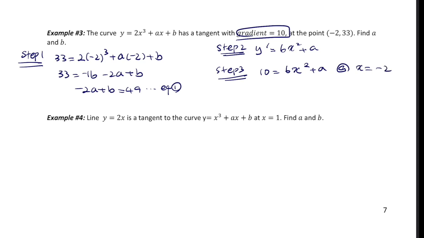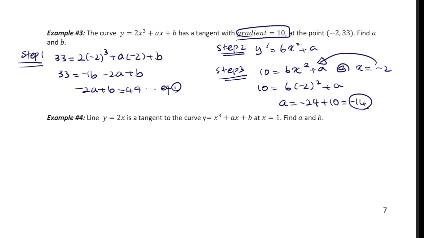Then substituting the negative 2 into this equation can get us to find the unknown a value, which is minus 24 plus 10. So a value is negative 14, right?